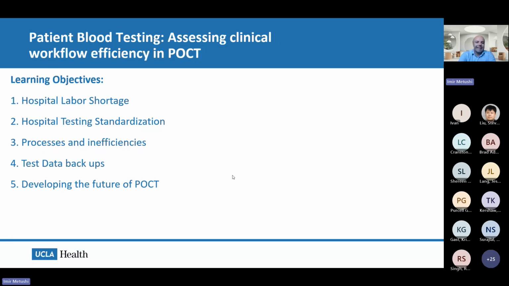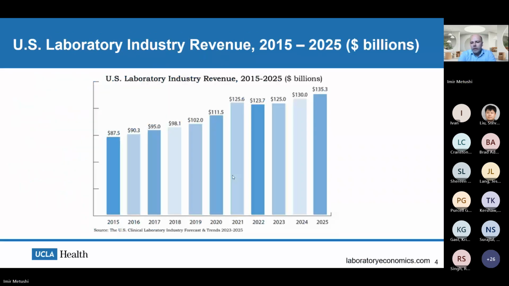We will talk about test standardizations and little things that we can do so that things are more automatically done or automated in a certain way, and we can manage things remotely, allowing us to do more with less. And we'll take a look at test data backups, how things are stored into the LIS, why it is important to have things interfaced, and where we want to actually be based on where we are.